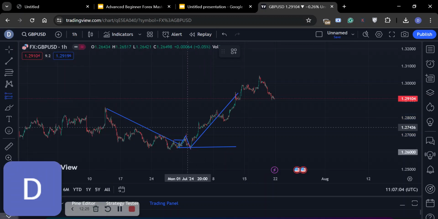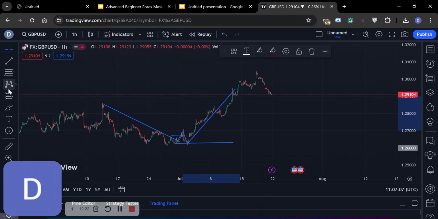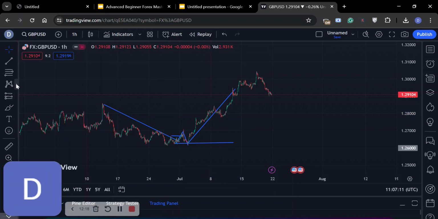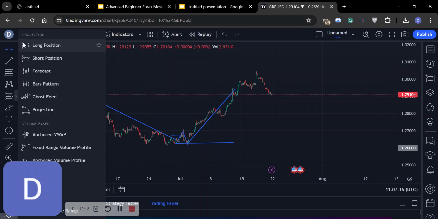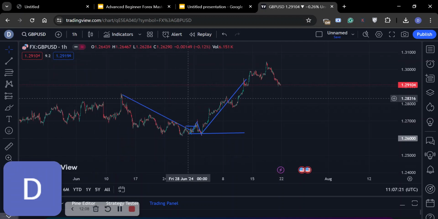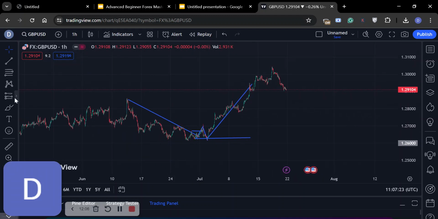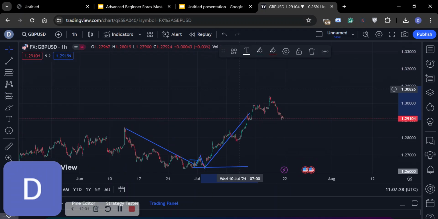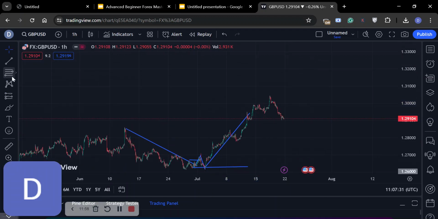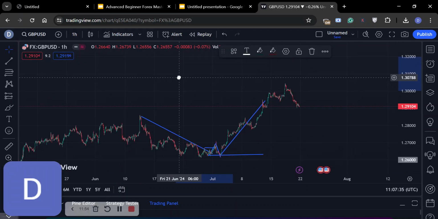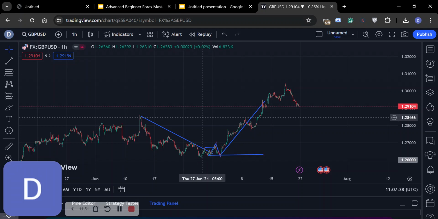I don't know what's wrong with TradingView.